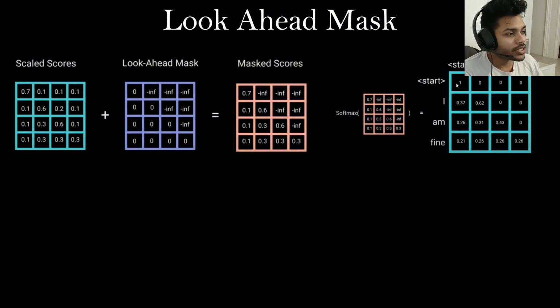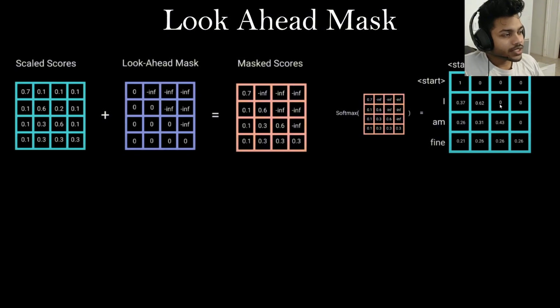We tell the model that when you are predicting the first word, just look at the first word. When you already have the first two words, let's say start and I, then you can have information from the first two words. When you already have the first 3 words predicted, then you can look at the information from the first 3 words, and so on and so forth.